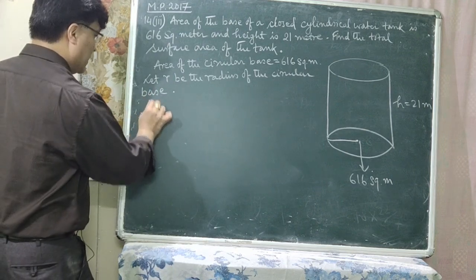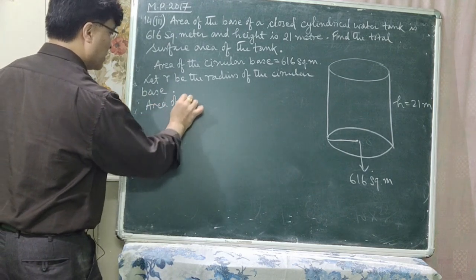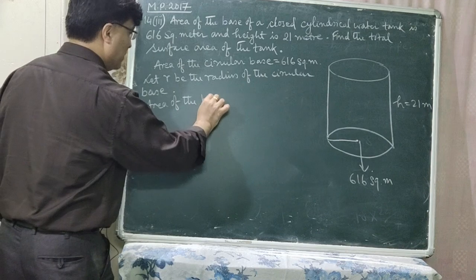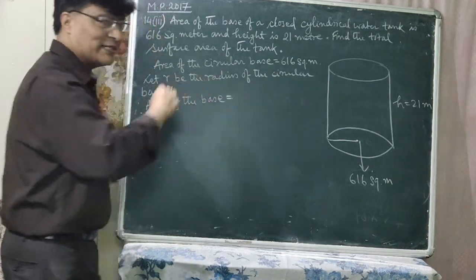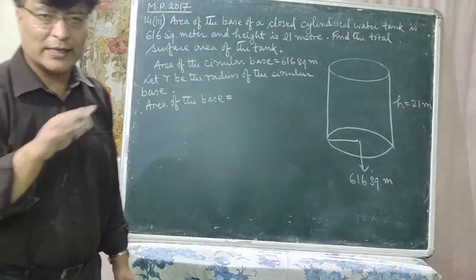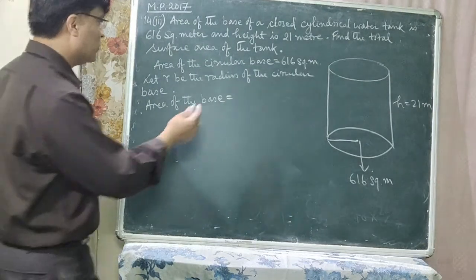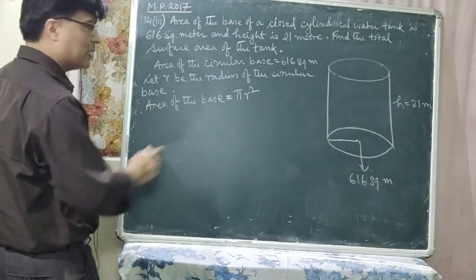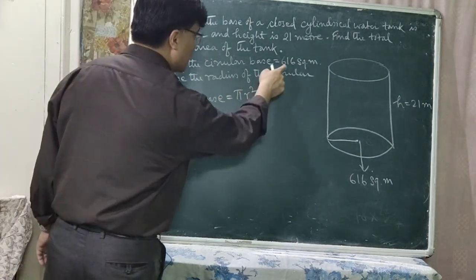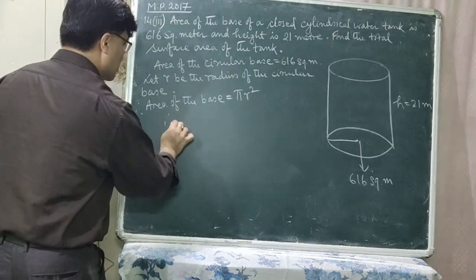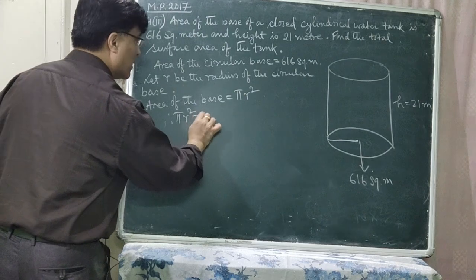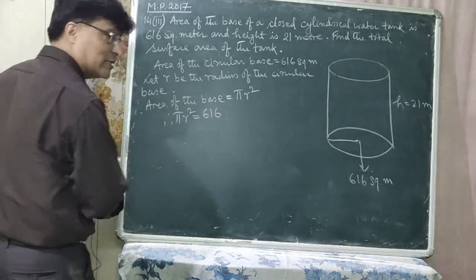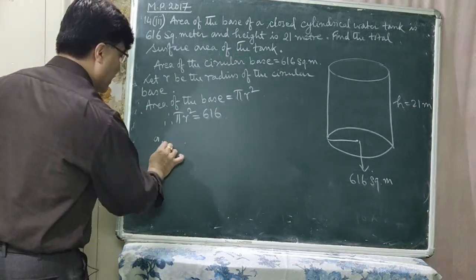So therefore area of the base is equal to, now base is a circle, so what is the area of the circle? It is pi r square, you know that, isn't it? So you can equate this pi r square with 616. So pi r square is equal to 616. Now what is the value for pi?